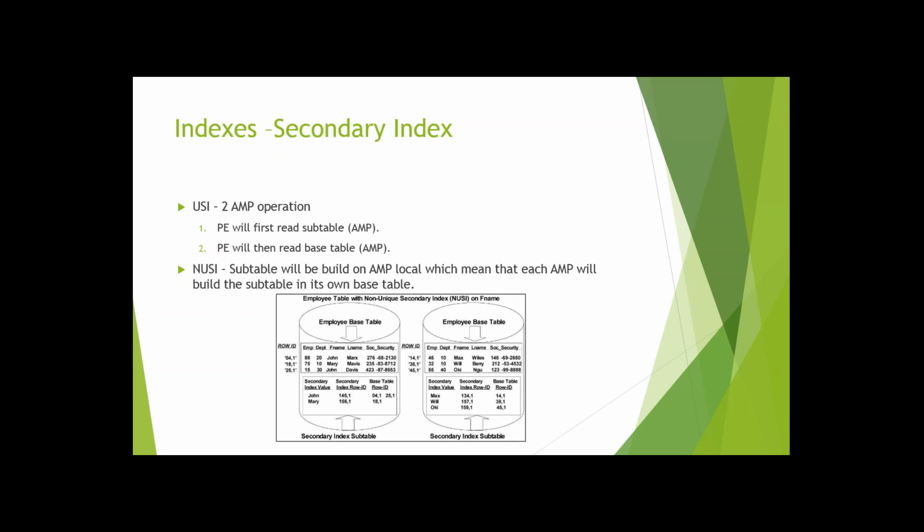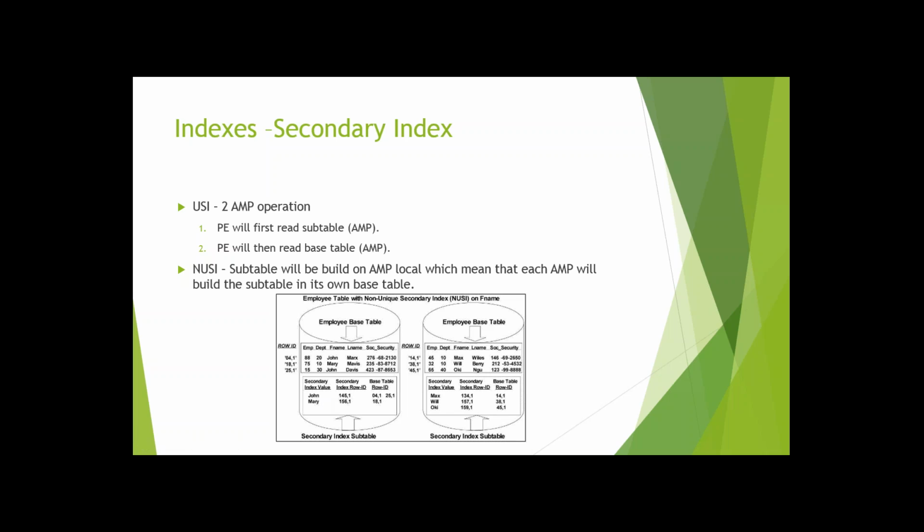That is why sometimes NUSI can be an all-AMP operation, because you never know this John in here can be stored in more than 1 AMP, because this John subtable will be stored in the same place where the base tables are stored.